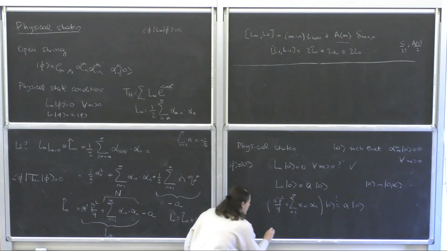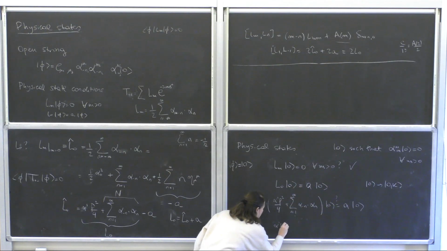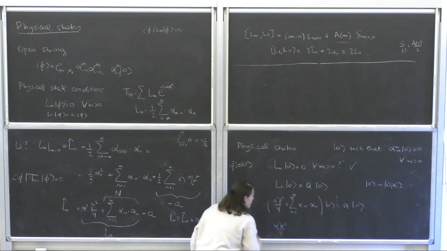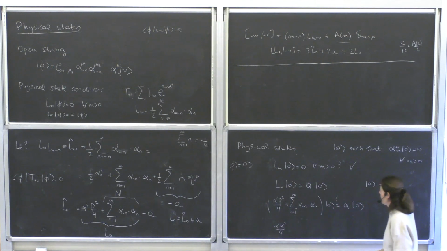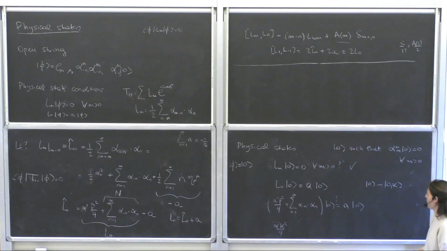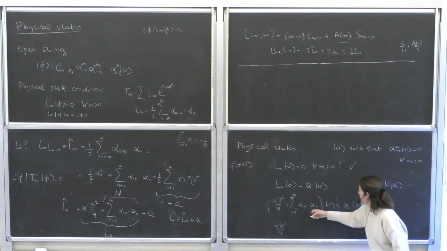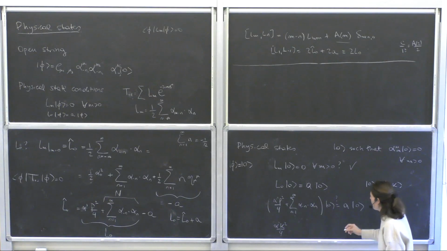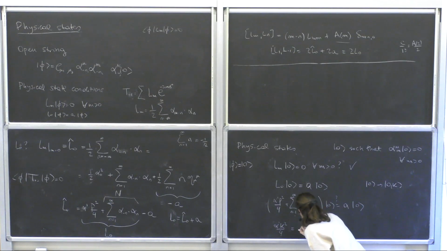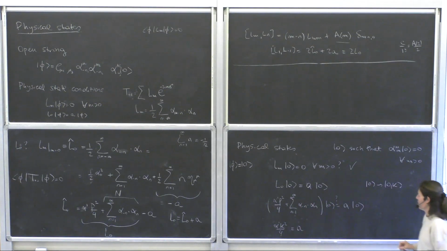So this is just alpha prime k squared over 4 times this. It is obvious that the sum annihilates the state, and so I just have to require that this is equal to A, now as an eigenvalue equation. And this is a requirement.